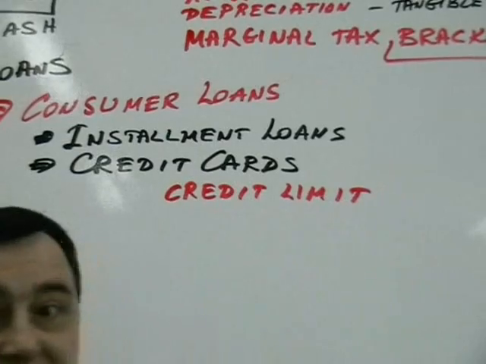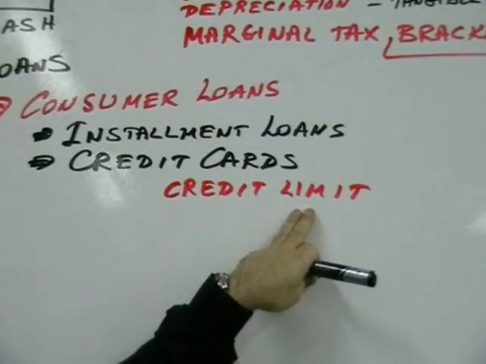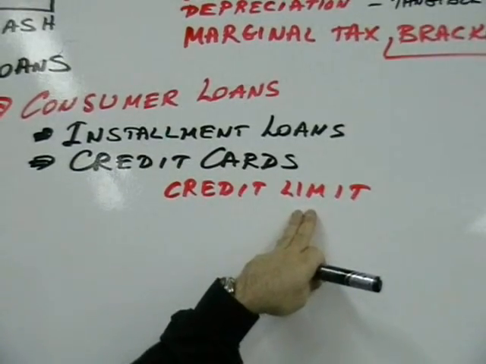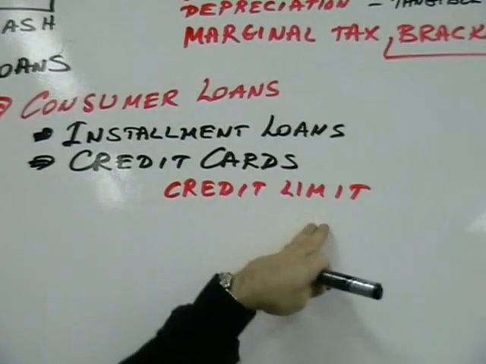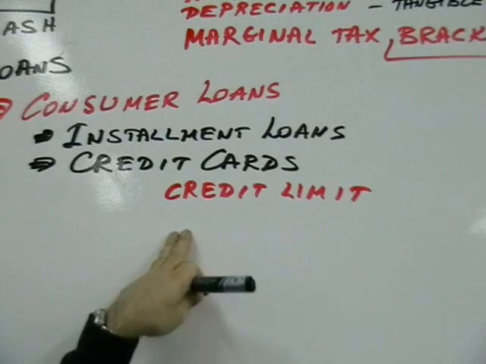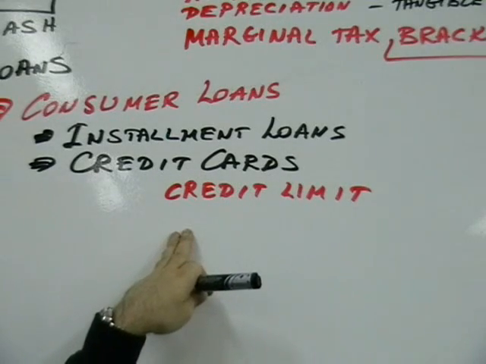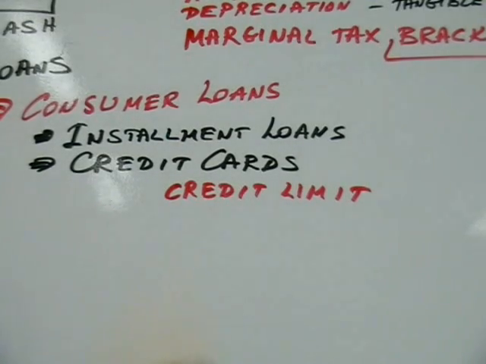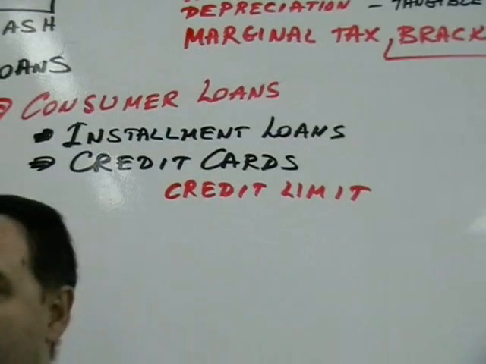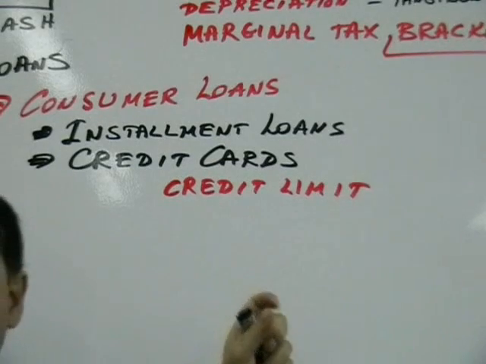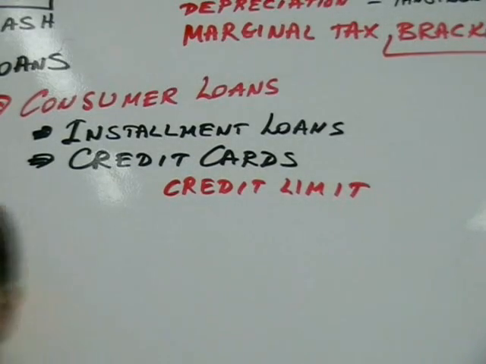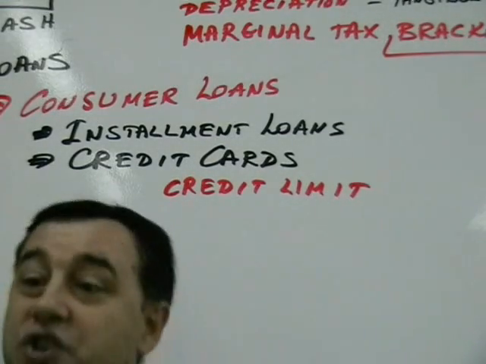Credit limit is the maximum amount that the borrower is allowed to borrow on his credit card. As soon as you exceed it, there is a so-called over-limit fee. The over-limit fee is a punitive charge by the bank to the customer because he went over the limit. This is just made to charge even more money.